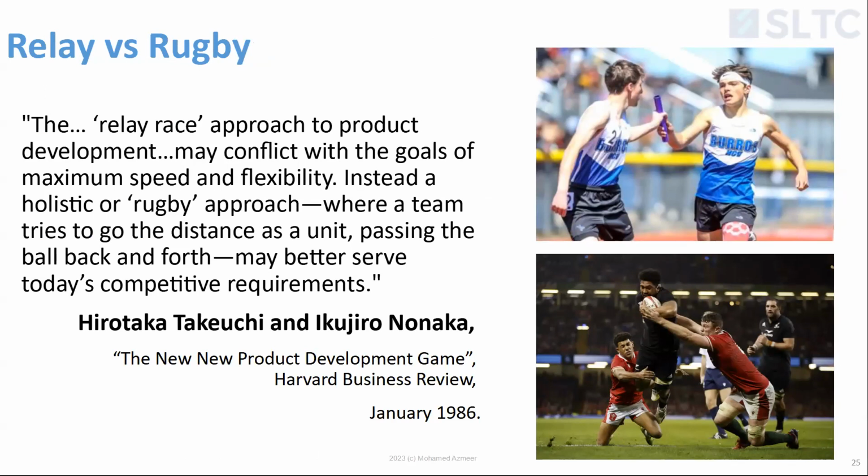Which brings us to a very good concept from sports, right? There are two kinds of sports here, as you can see. On the top, we have a relay race. How does a relay race work? In a relay race, there is one person running, and then he has to hand over the baton to the next person to run.